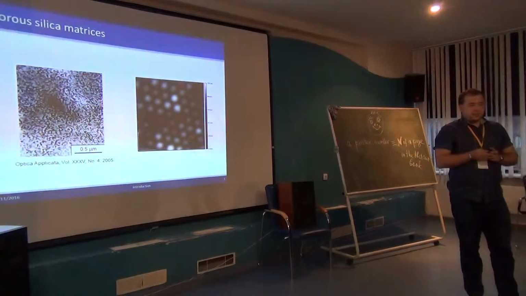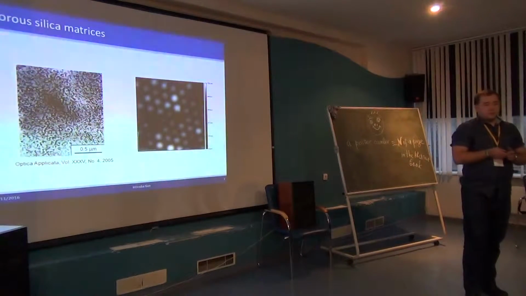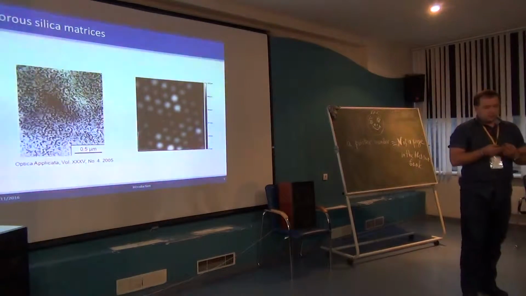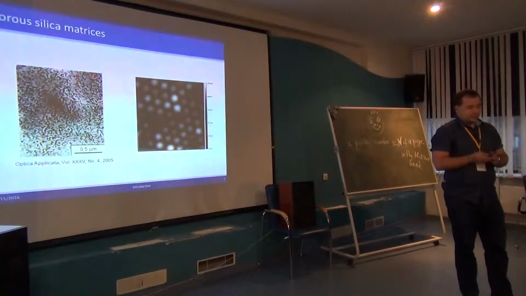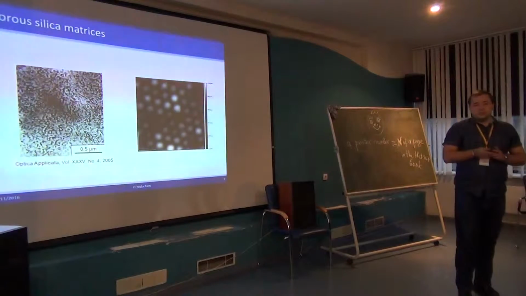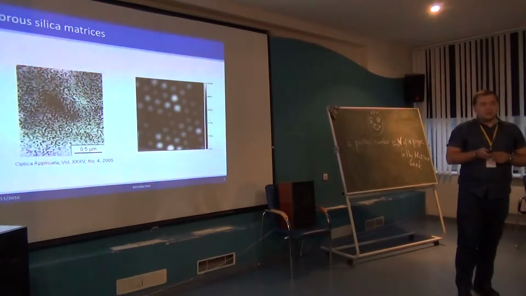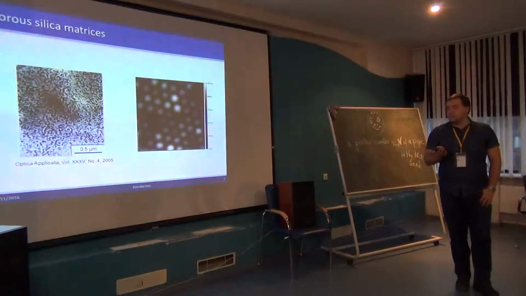In such a case, the porous media should be not very soft because of surface tension, because we should use a very high pressure in order to introduce the metal into pores. That's why lots of kinds of porous matrices are not suitable, and that's why the most usable matrices are porous silica matrices.